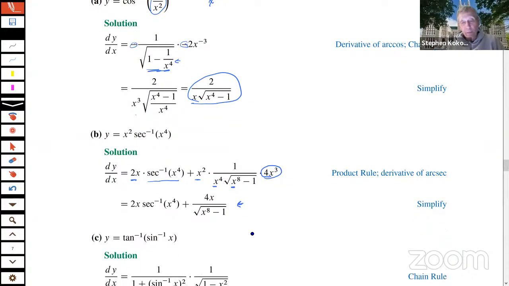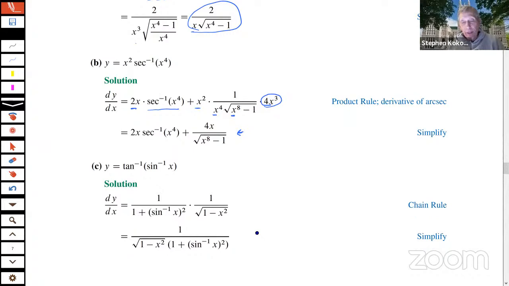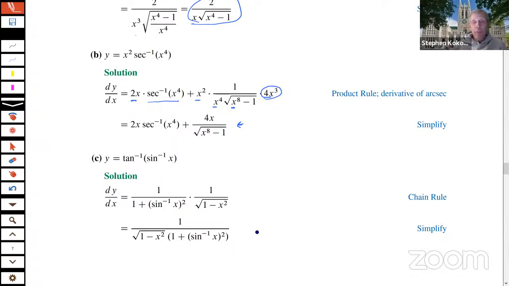That's kind of cool. And here's a good one. This was typical of my college calc professor. He used to love these composition functions with things like this: the tangent inverse of the sine inverse of x. What's the outermost function? Well, it's the inverse tangent.